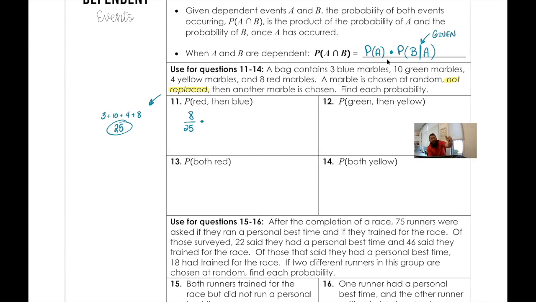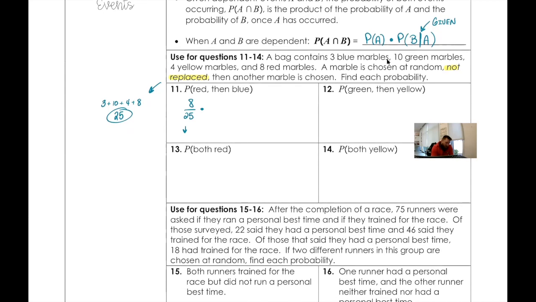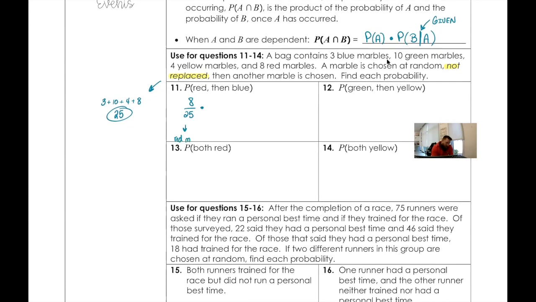So we said, hey, I reached in that bag, I plucked out a red marble. That's going to come into play later, okay? So we're going to assume, hey, now that I got my red marble, the number of marbles that are in my bag drops from 25 to 24.